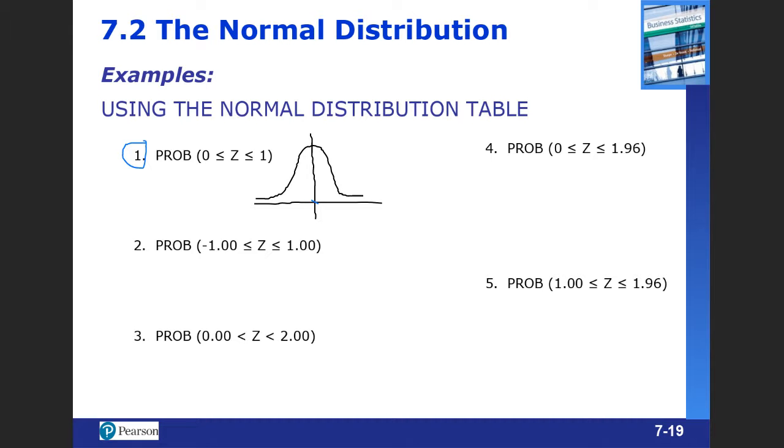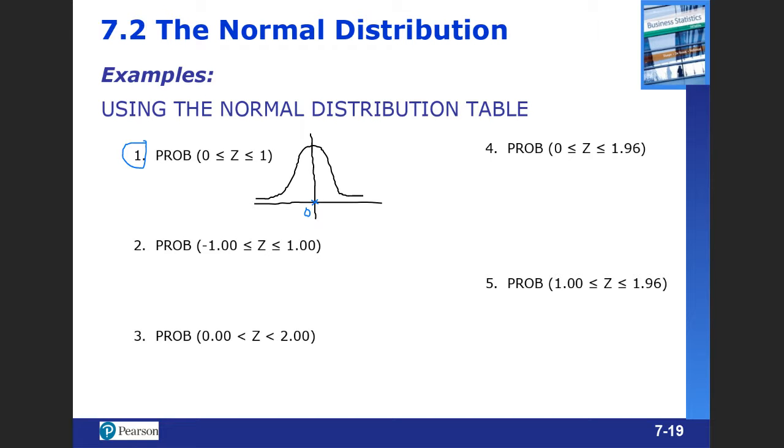So we know this is going to be 0. Now, because I'm dealing with a standardized normal distribution, the center of this curve will always be 0. That's my mean. Remember, the mean is always 0 for a standardized normal distribution, and the standard deviation will always be 1.